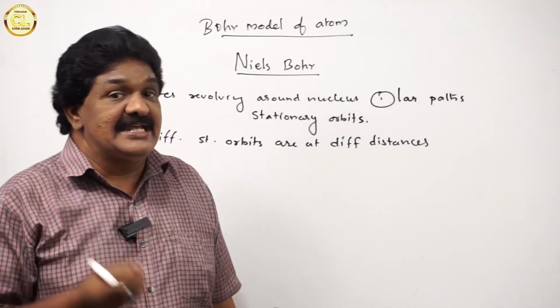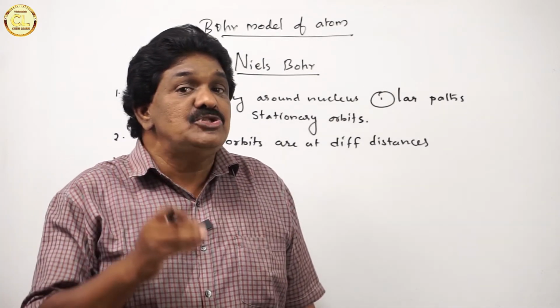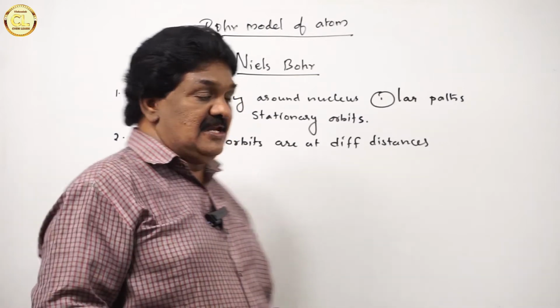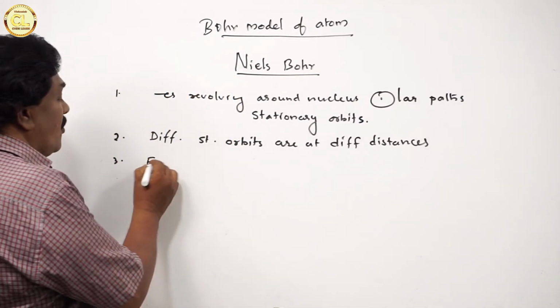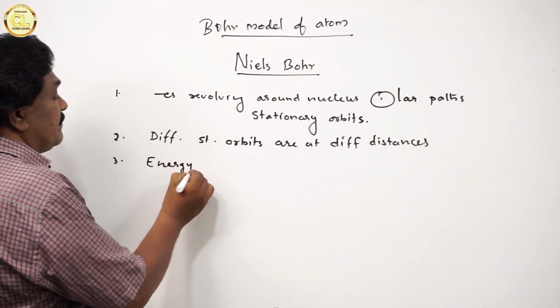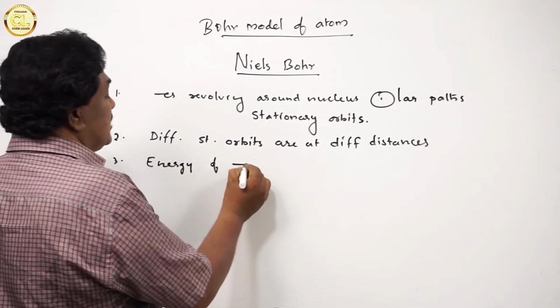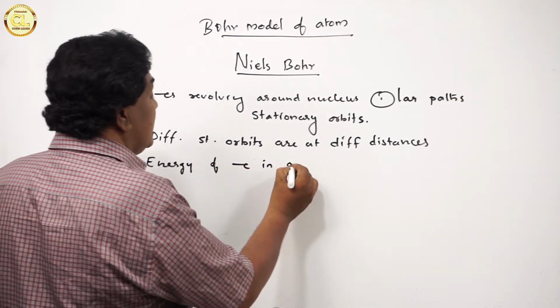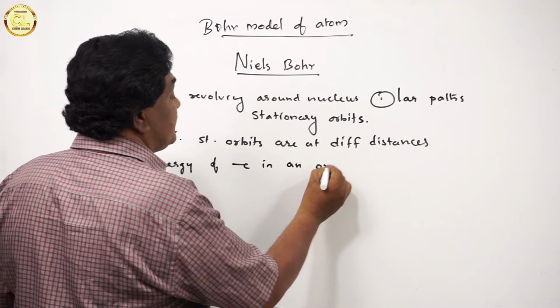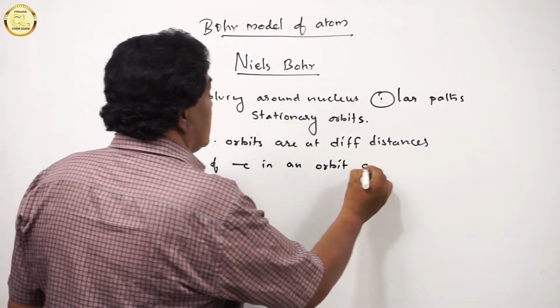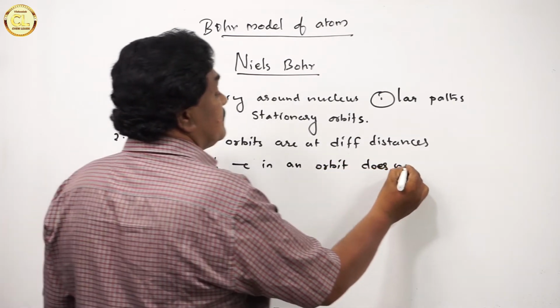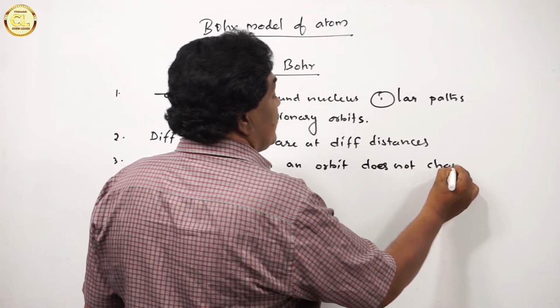If it loses energy, it jumps down to a lower energy level. So, the energy of an electron in an orbit does not change with time.